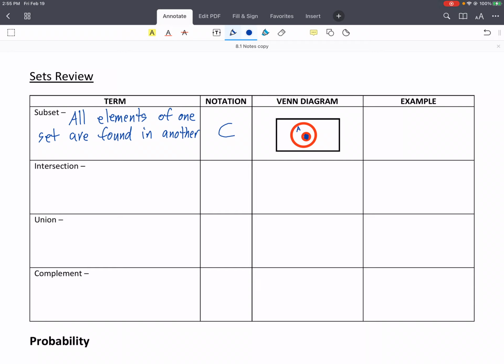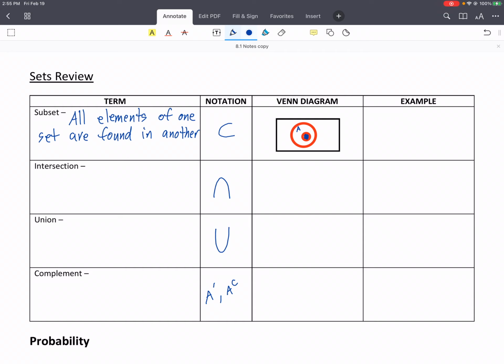So intersection was where we had it like that. Union, we had our U. And then complement was where we had like A prime, or you also saw a complement. Okay, so I'll leave the example blank because we did examples up there.